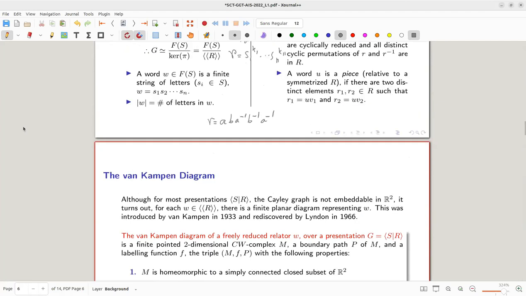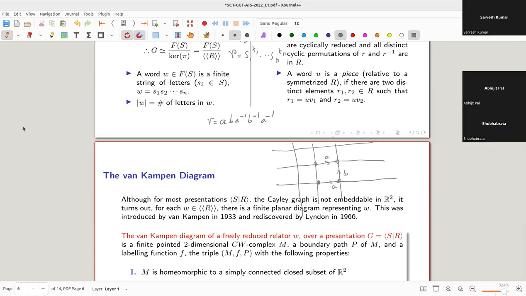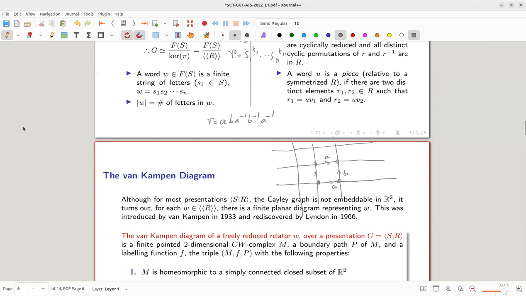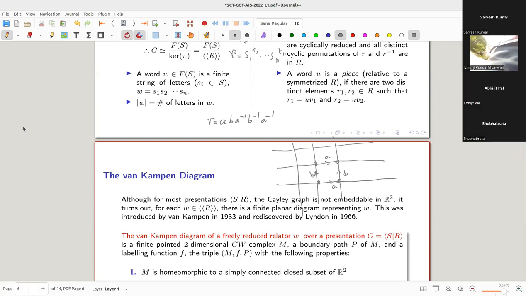Suppose I look at the Cayley graph of Z squared. In that case, this is A B A inverse B inverse, right?